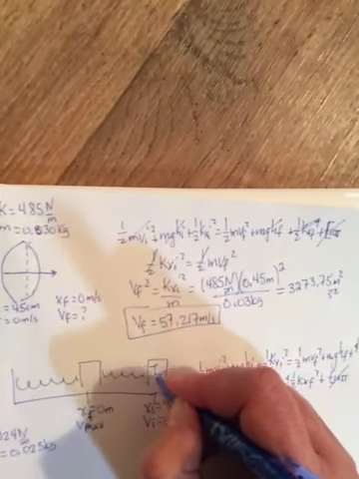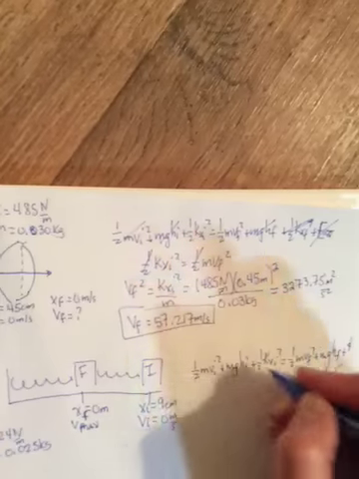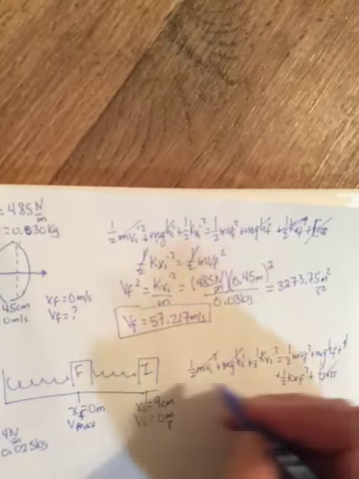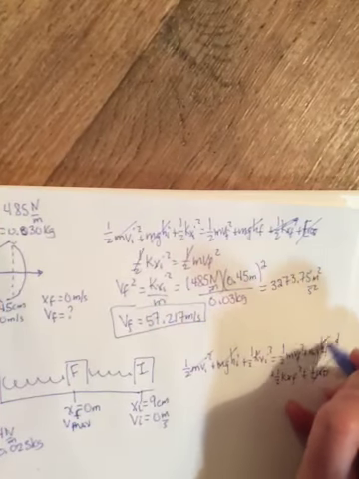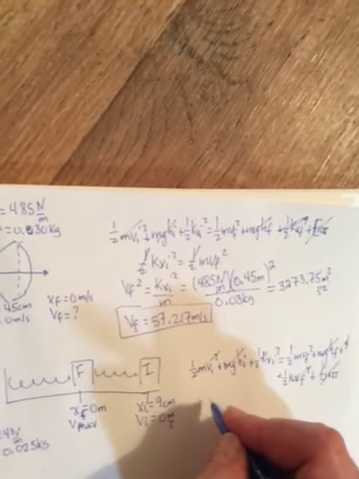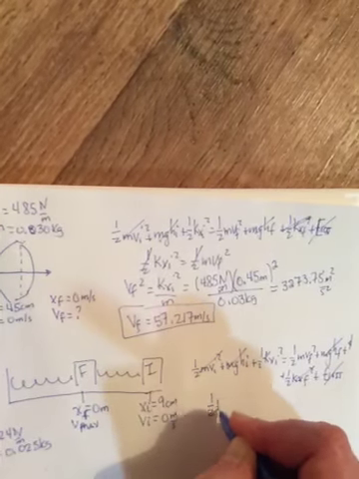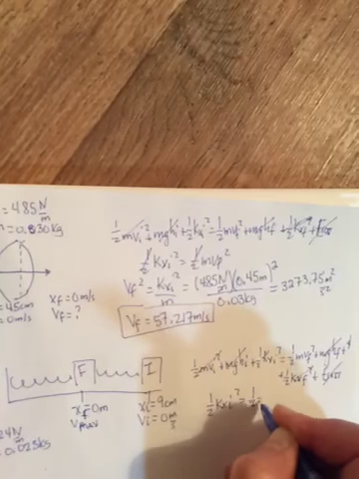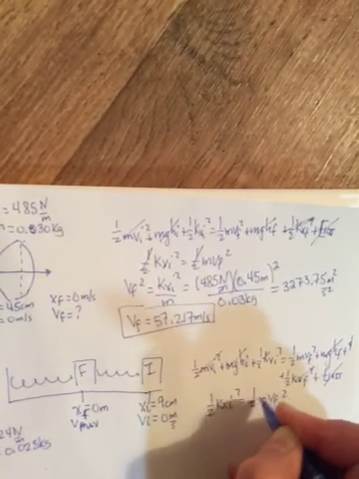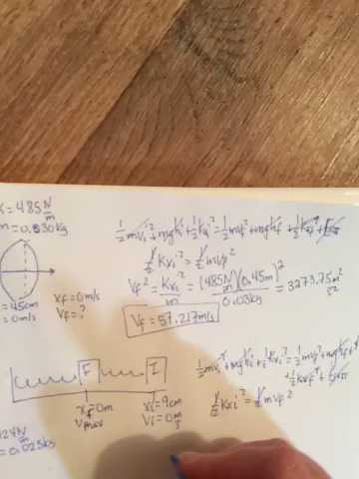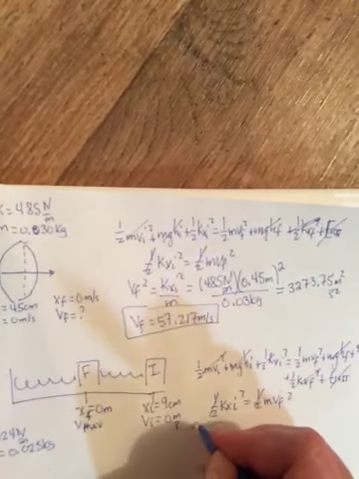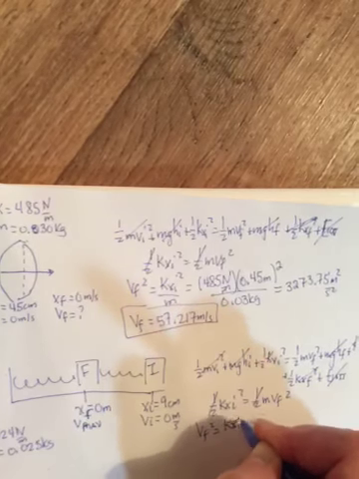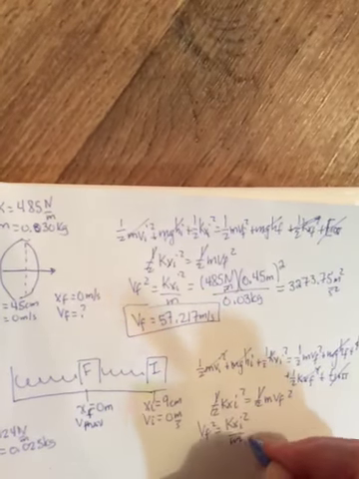I'll probably call this my initial, this my final. So initially, no speed, no height, but it has an x. Finally, a speed, no height, no x, no E lost. So we're left with 1/2 kx initial squared equals 1/2 mv final squared. Again, the halves cancel, and I'm looking for the v. So vf squared equals kx initial squared over m.